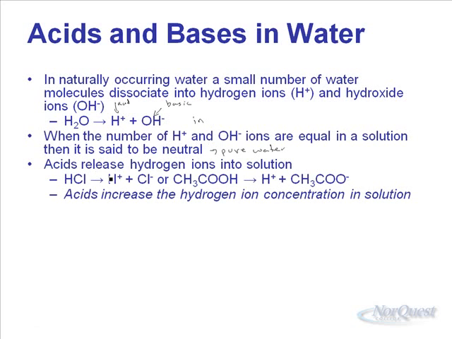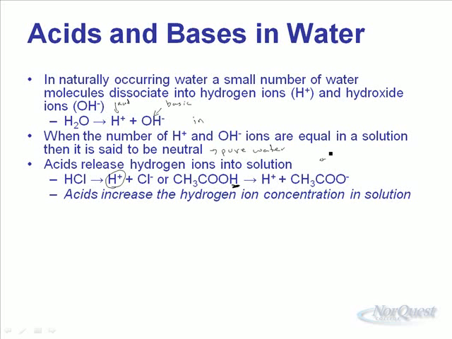What acids do is they release extra hydrogen ions into solution. So when hydrochloric acid enters water, it breaks apart into its two ions, hydrogen ions and chloride ions. If we look at vinegar, CH3COOH, it does the same thing. It releases these hydrogen ions into water.